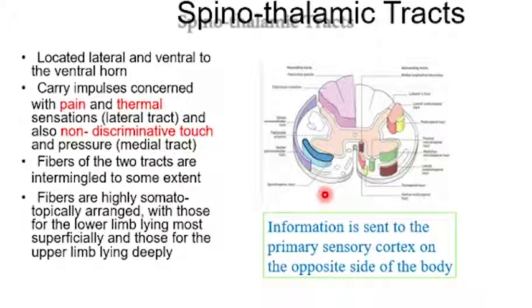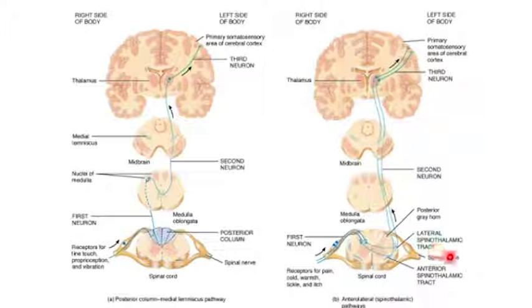On top of this, they carry non-discriminative touch and pressure. These fibers are not particularly distinct as they travel up the spinal cord, but are intermingled. However, they are arranged in a somatotopic way, meaning that those fibers from the lower limb tend to lie most superficially, and those from the upper limb lie deeply.